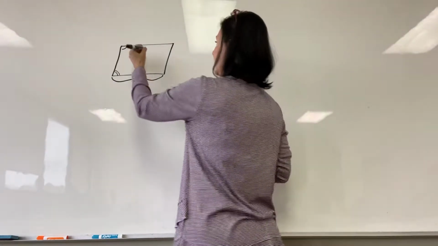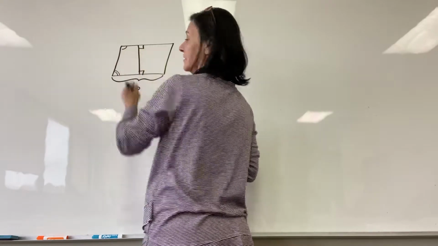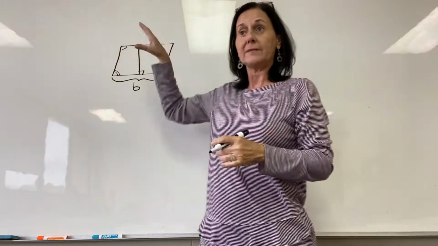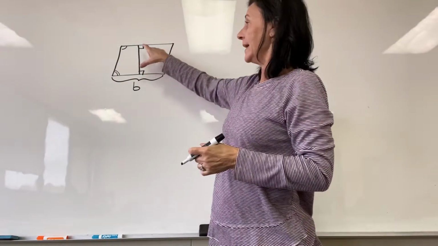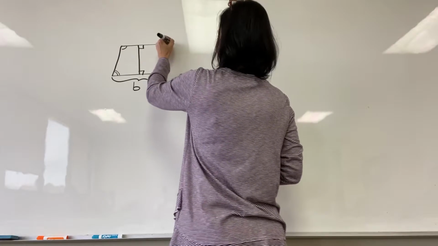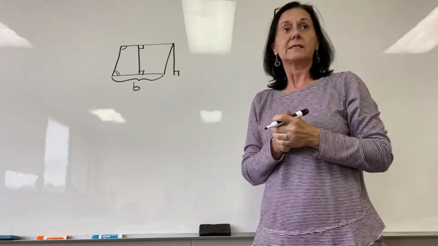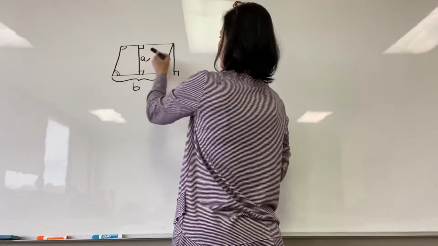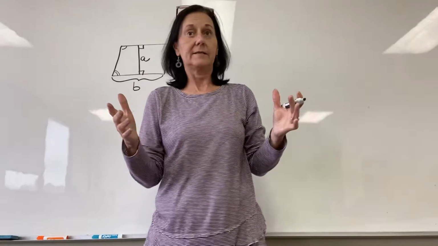And the height is perpendicular to both of the opposite sides. So the altitude can lie inside the parallelogram, or it can go from this vertex perpendicular to the base. Either one of these is considered your altitude or your height.